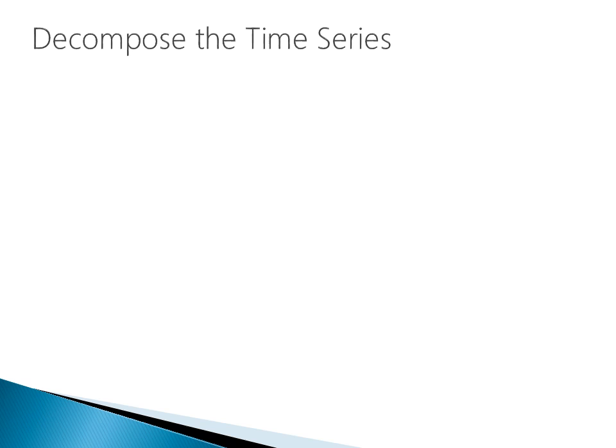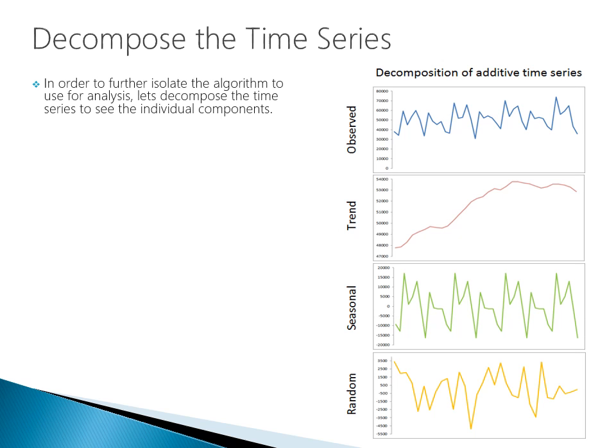Before we begin, let's first decompose the time series. In order to further isolate which algorithm to use for this analysis, let's look at these components. We see that the trend component can clearly be shown as an upward trend that's stabilizing over time.